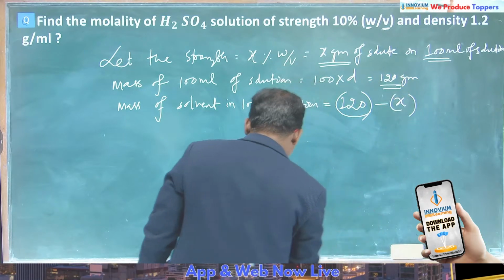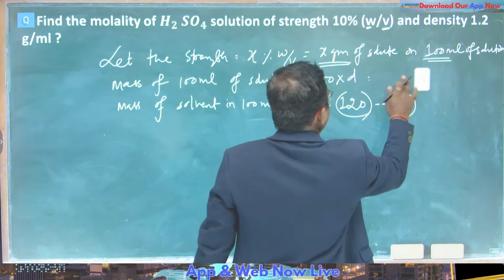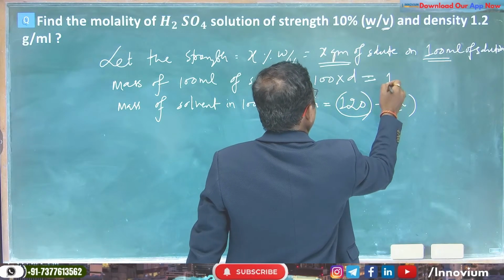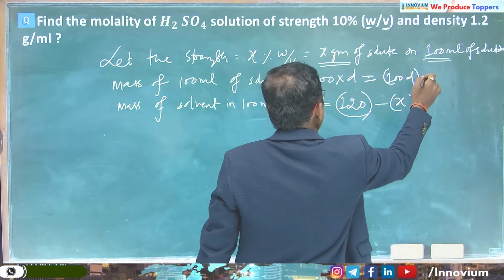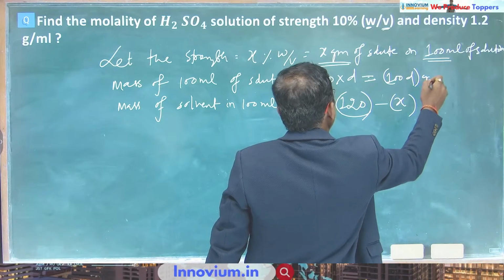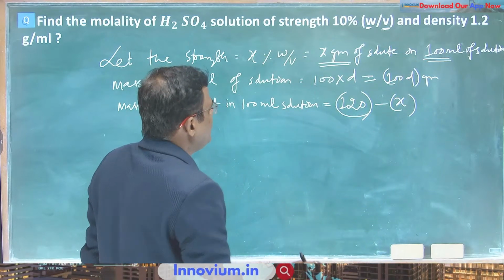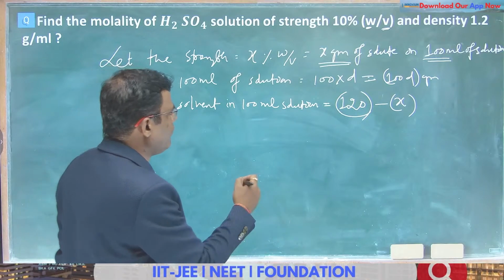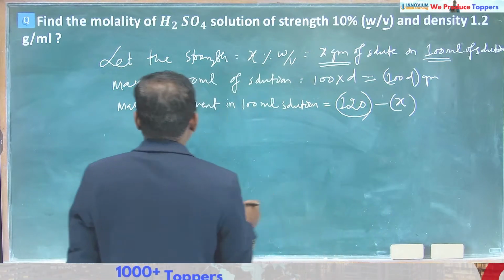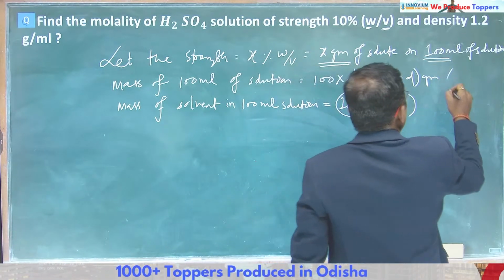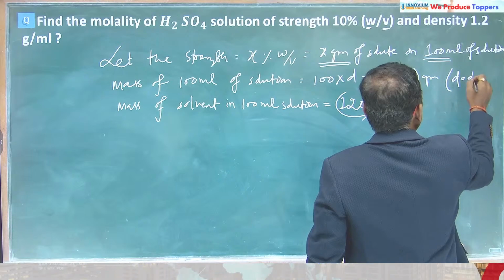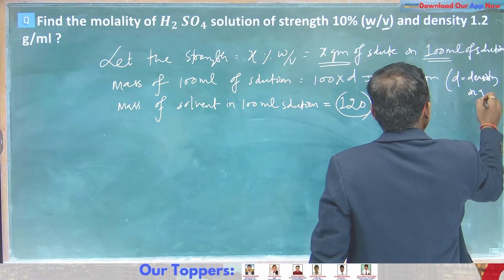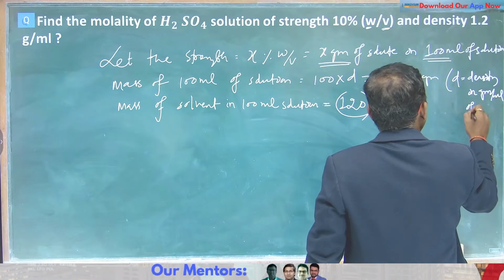So here it will be 100d gram. So what is d? D is nothing but the density of the solution in gram per ml that we have considered here, correct? So where d is the density of the solution in gram per ml.